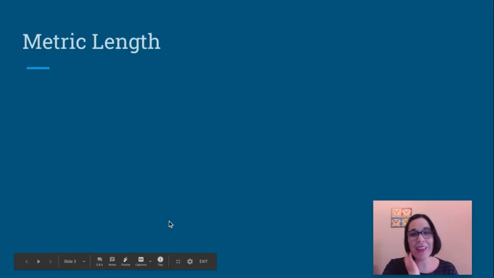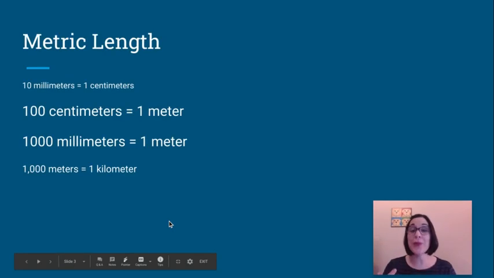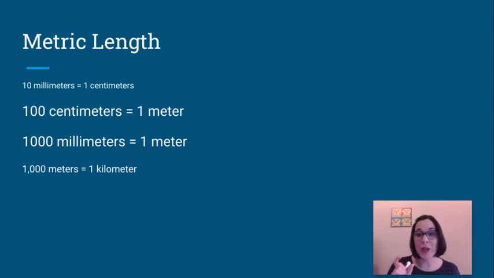So one of the things I love about metric is that our prefixes give us clues to what we should multiply or divide by. The prefix cent is 100: 100 cents in a dollar, 100 years in a century. So I know that that prefix is 100.